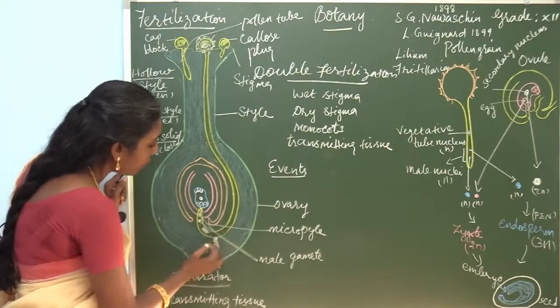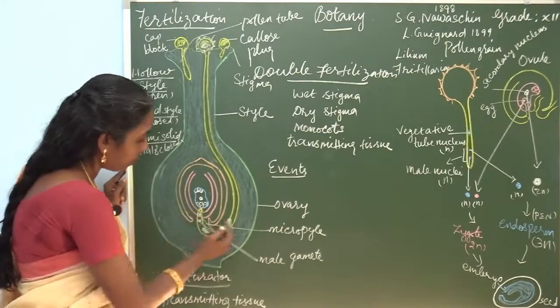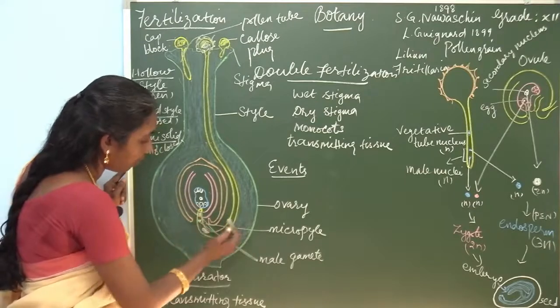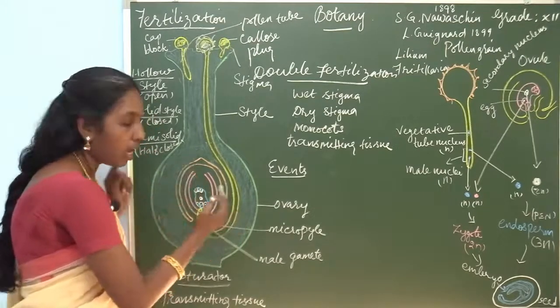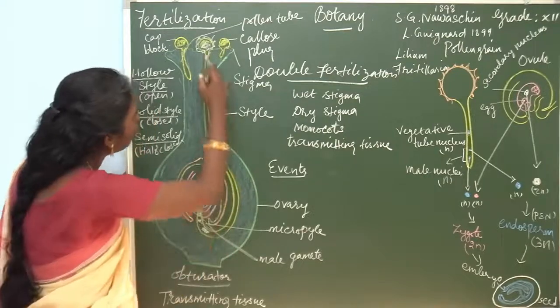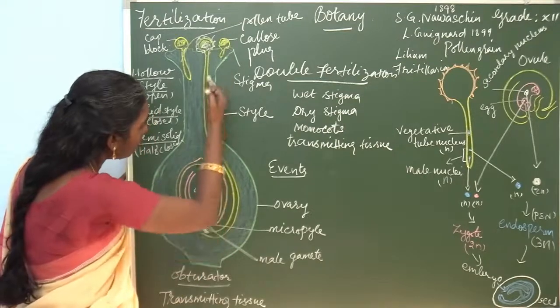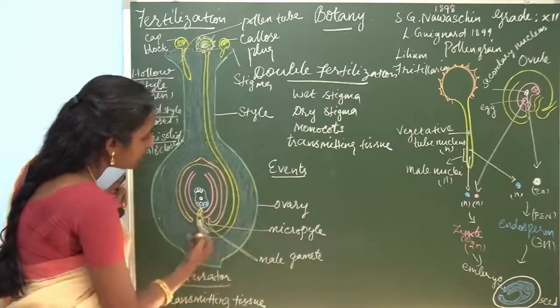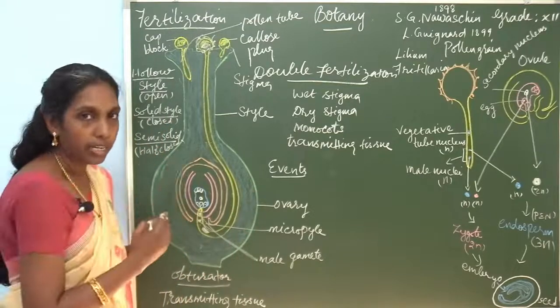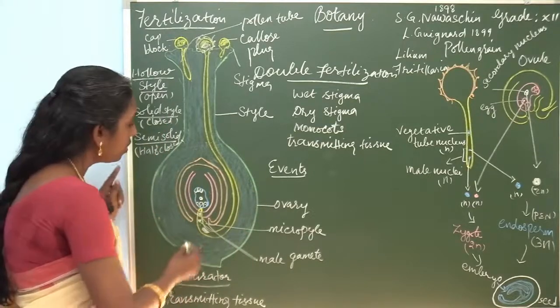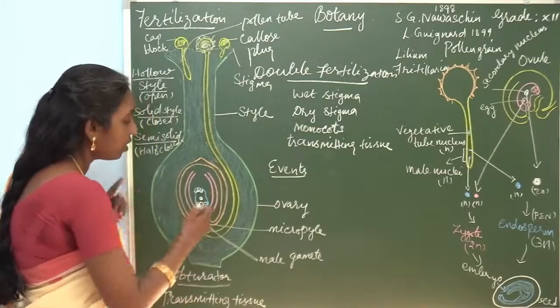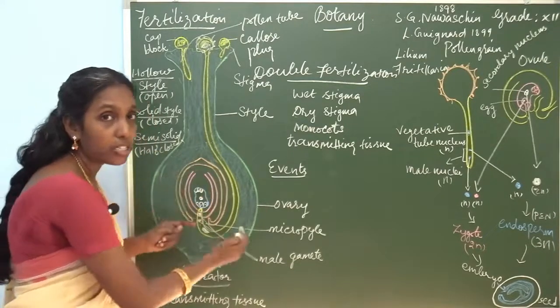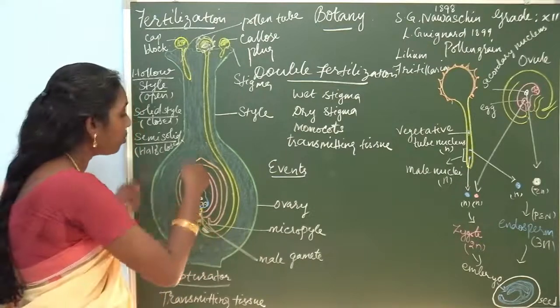Now, direction towards the micropylar region. This region is the micropyle. Due to the guidance of the obturator, the pollen tube grows along the length of the style and is directed towards the micropylar end. Then the male gametes and other contents are discharged into the embryo sac.